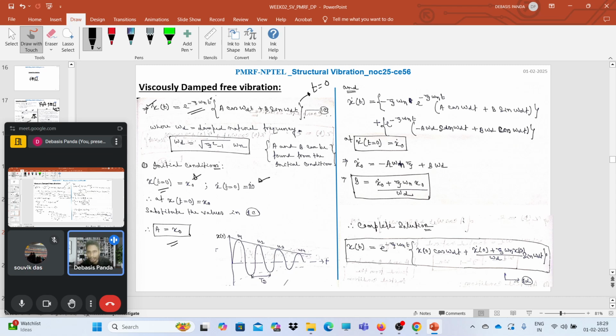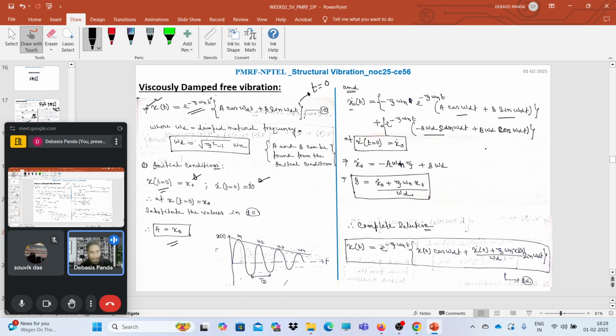Now differentiate this equation with respect to t. So we will have x dot equals minus zeta omega n e to the power minus zeta omega n t (A cos omega d t plus B sin omega d t) plus e to the power minus zeta omega n t (minus A omega d sin omega d t plus B omega d cos omega d t).